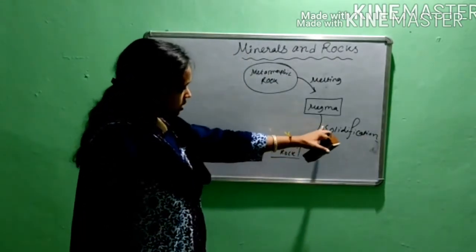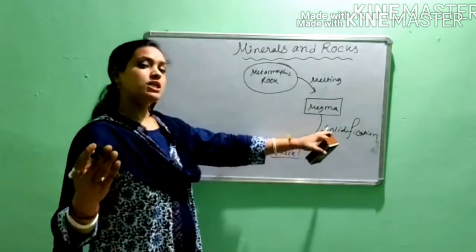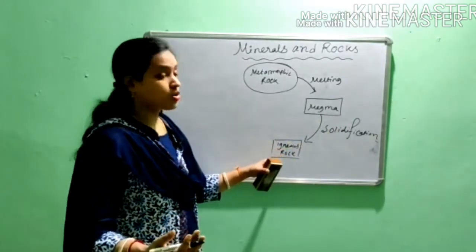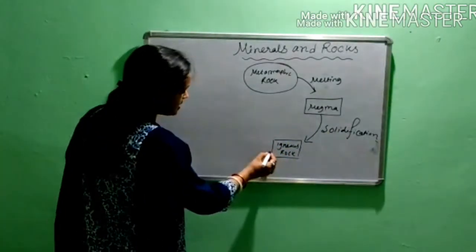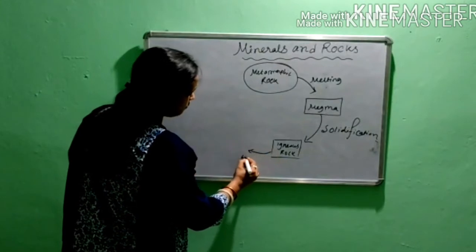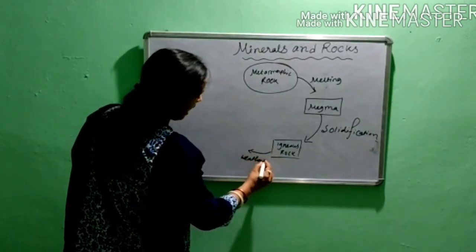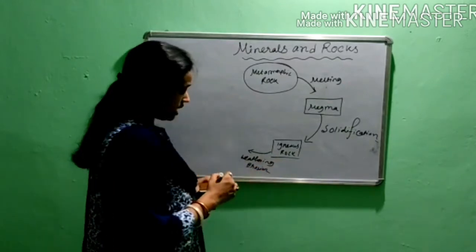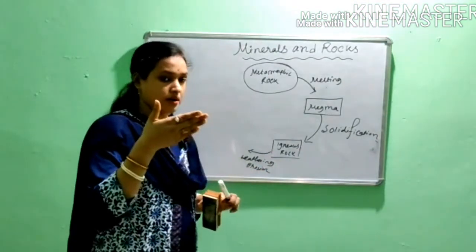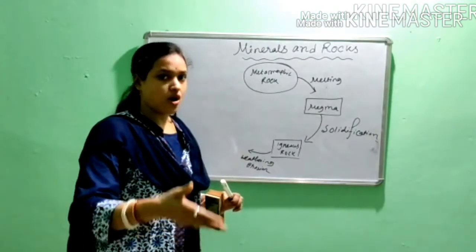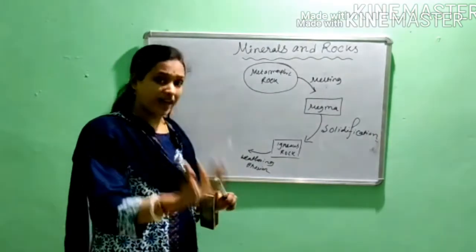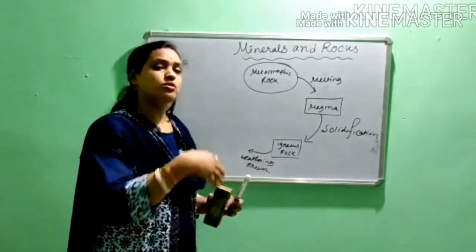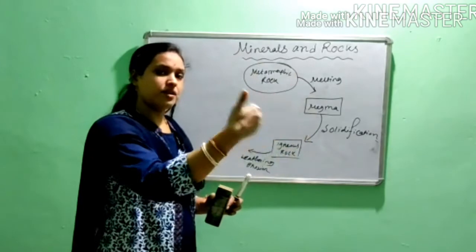So, magma through the process of cooling and solidification, the rock which we find in our earth crust is called igneous rock. Now, next, igneous rock through the process of weathering and erosion breaks into several pieces or fragments, and these weathered materials through different transport agencies are deposited in other places layer after layer.